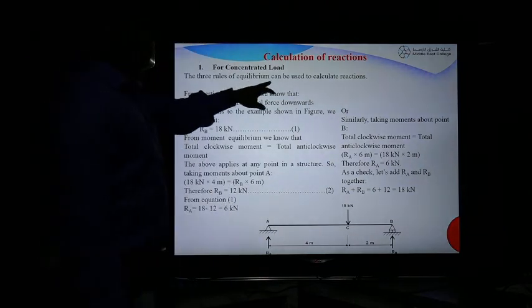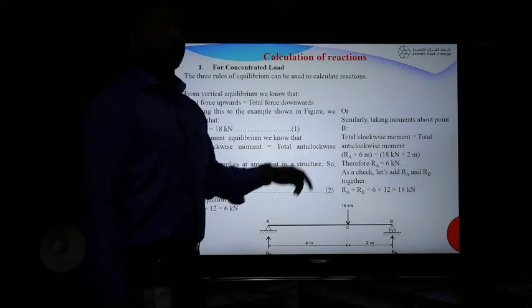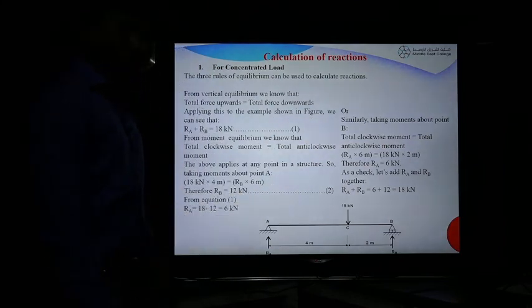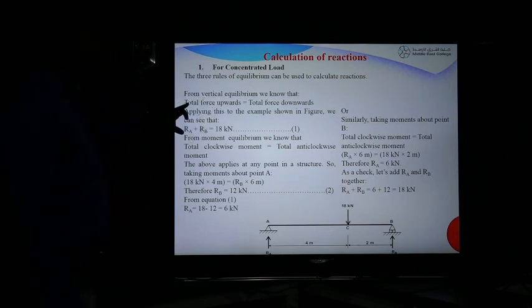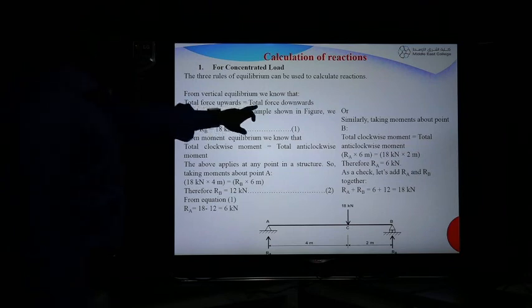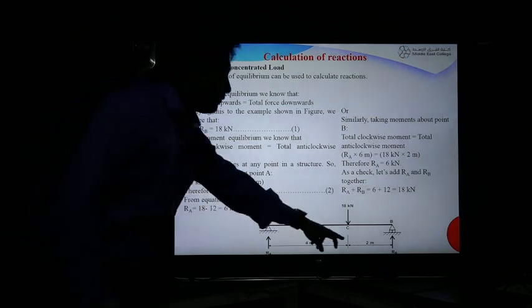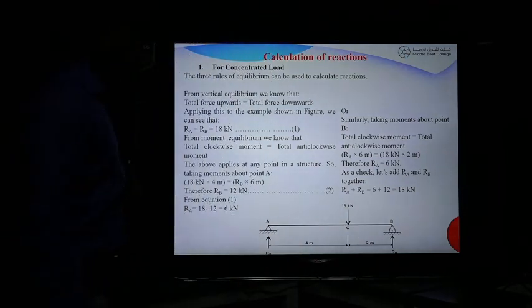So the three rules of equilibrium can be used to calculate the reactions. What are the three rules? Sigma V is equal to 0, sigma H is equal to 0 and sigma M is equal to 0. First, from vertical equilibrium we know that the total force upwards is equal to the total force downwards.